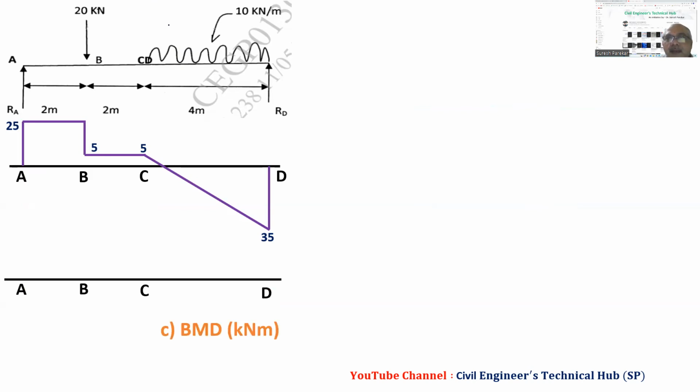So now we have the bending moment. First at A, it is 0.